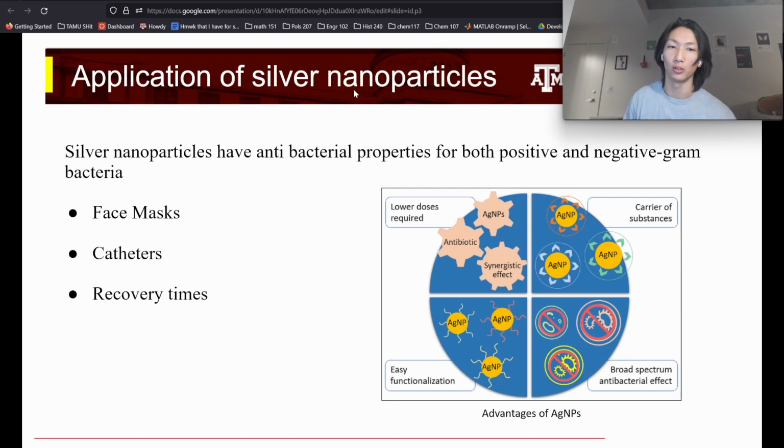Silver nanoparticles are great at minimizing these areas. As I said before, you can put nanoparticles into gels, put it on a cut or a wound, and it will lower the possibility of you getting an infection in that area.